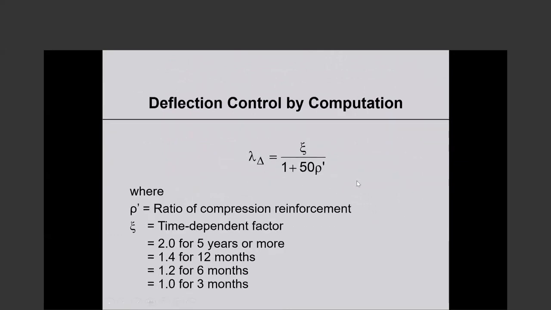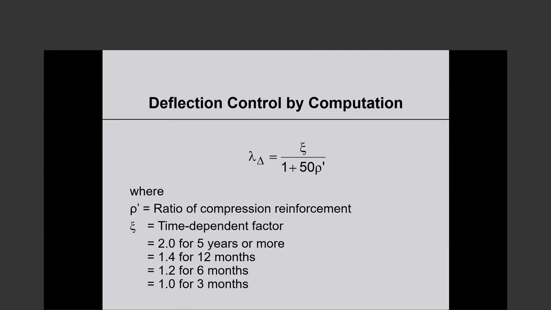We simply multiply the short-term deflection by a lambda sub delta, and that lambda sub delta times the immediate deflection is the time-dependent deflection, the increase in short-term deflection.